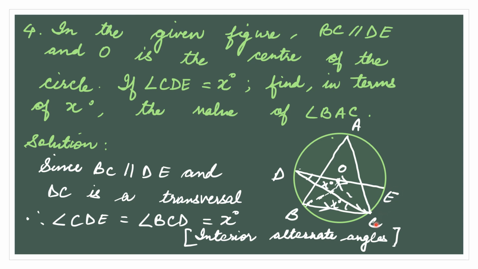COE is equal to 2 times CDE. Is it correct? COE is the angle formed at the center, and CDE is the angle formed at the circumference by the same arc CE.